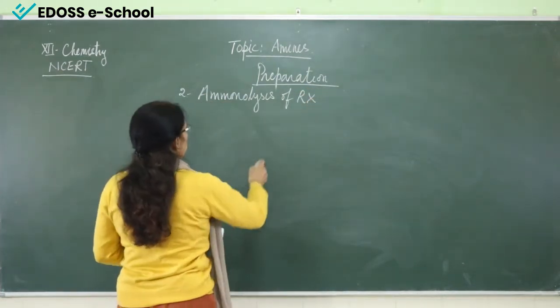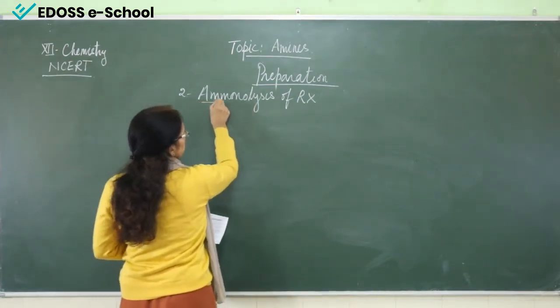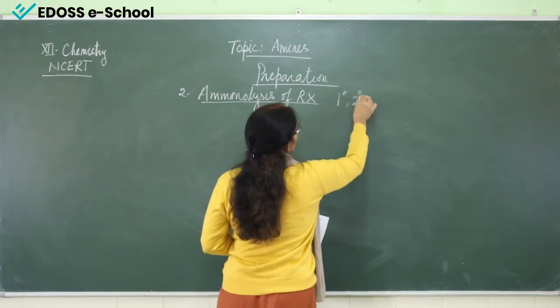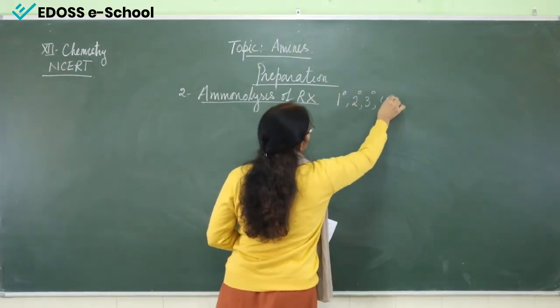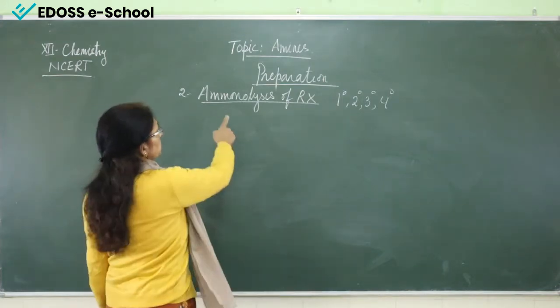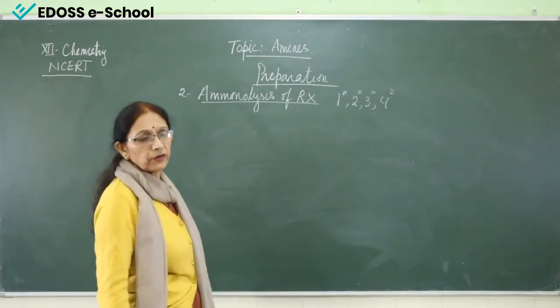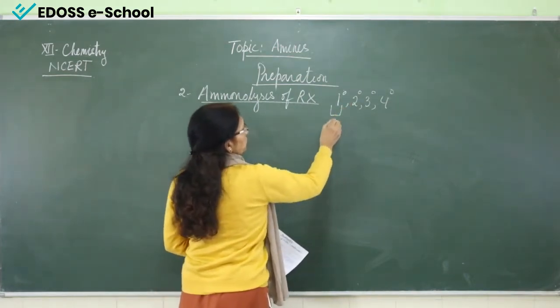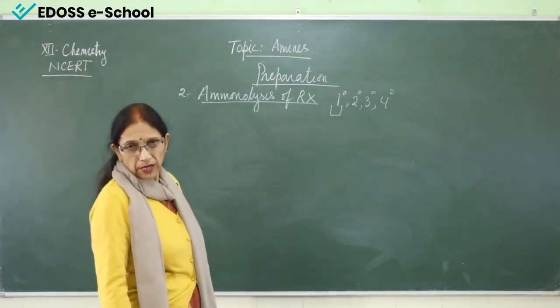In this reaction we get a mixture of primary, secondary, tertiary and quaternary amines. So this reaction is not very important, but if you take more ammonia, then the major product formed is the primary amine.